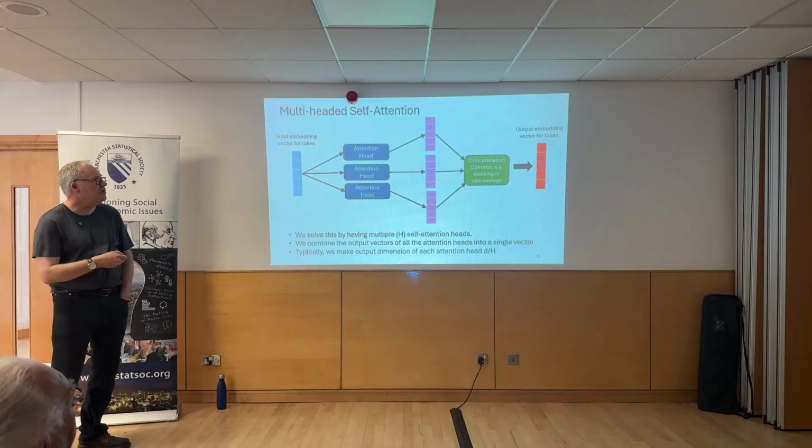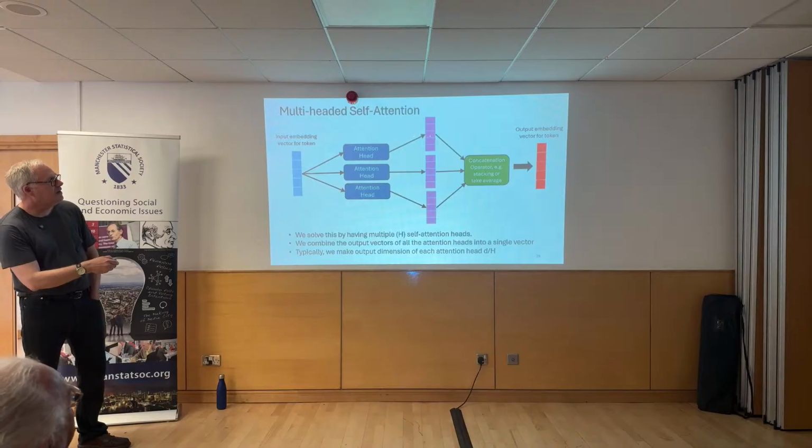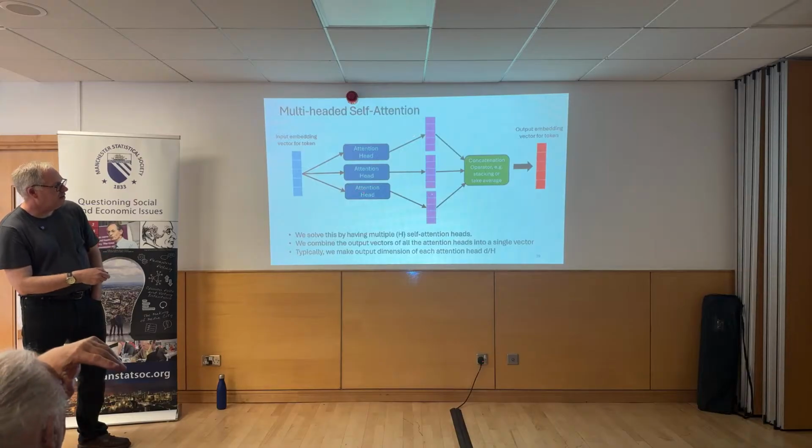So now I've got multiple attention heads. Each of these attention heads can focus and specialize on a particular part of this input vector. So this attention head here might focus on this part of the input vector. This attention head might focus on this part of the vector here. This attention head here outputs a vector here. This one here outputs this vector here.